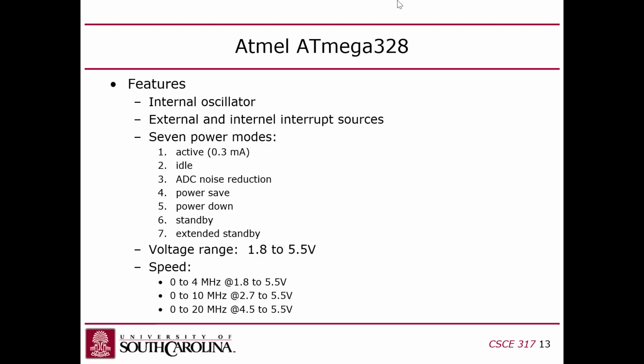The 328P, you can buy it in models that will support other speeds. I got this out of the data sheet, so I know the 328P will go up to 20. Maybe ours are graded for that, but in any case, on the boards we have, the oscillator is 16 megahertz. That's kind of just been the standard that people have used for this chip for long enough that it's what people have done. I mean, the 4 megahertz doesn't make much difference.